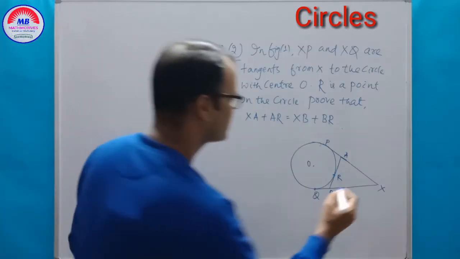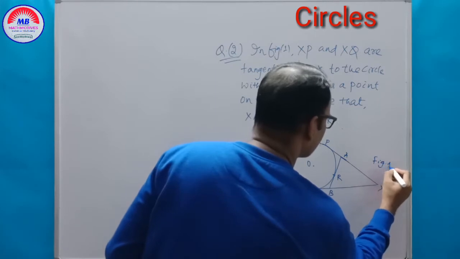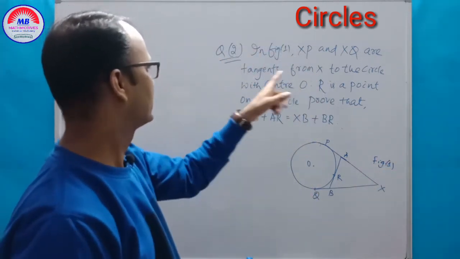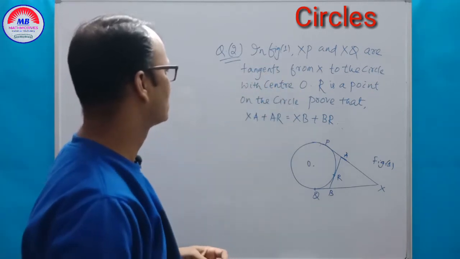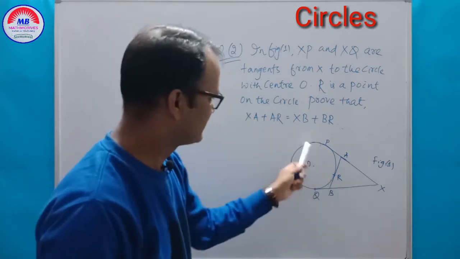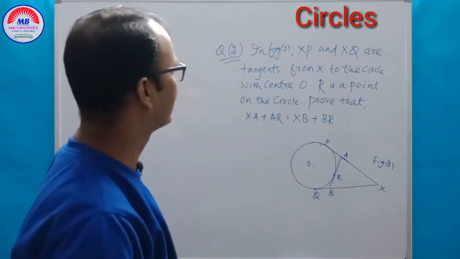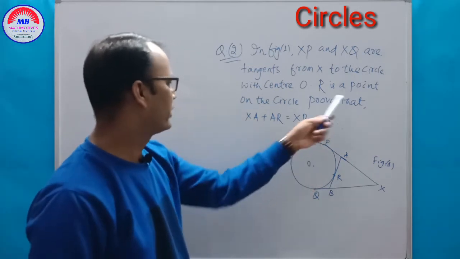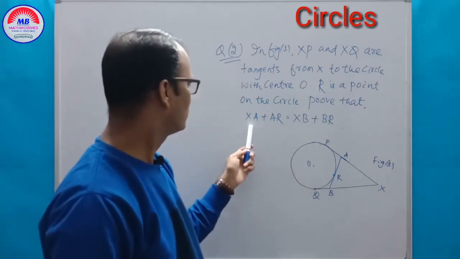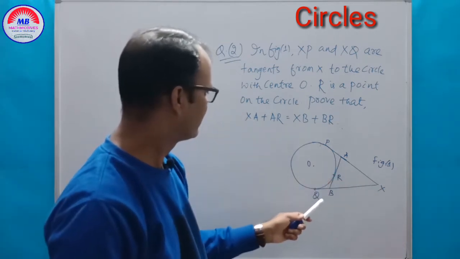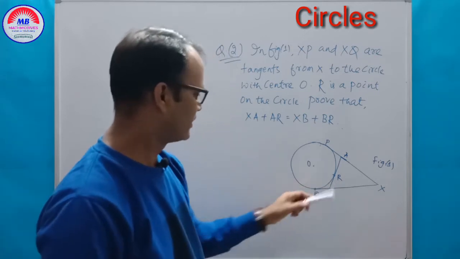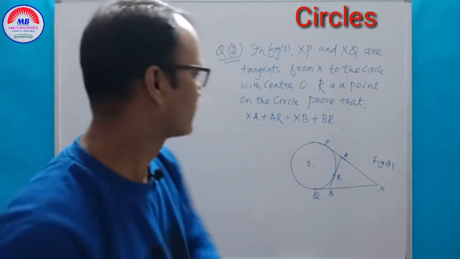Question number 2. In figure 1, this is figure 1. XP and XQ are tangents from X to the circle with center O. R is a point on the circle. Prove that XA plus AR is equal to XB plus BR.